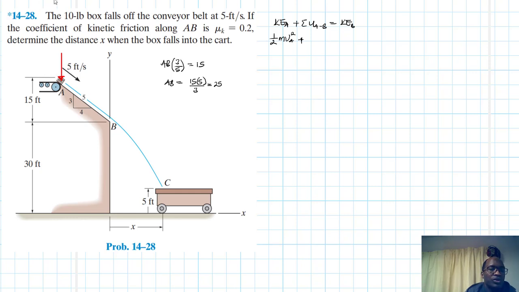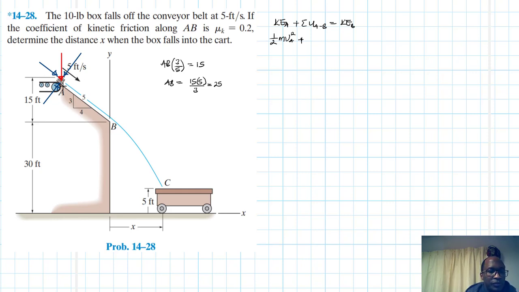We do have this component there, and also the other one like so. These are the components of weight. And then we have the normal force. All right, and then we do have another thing, which is the friction.